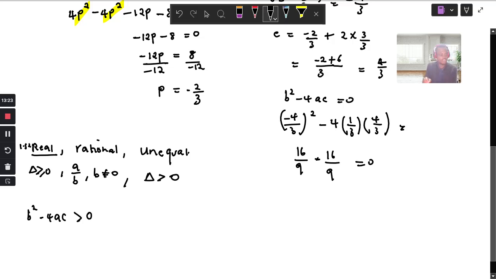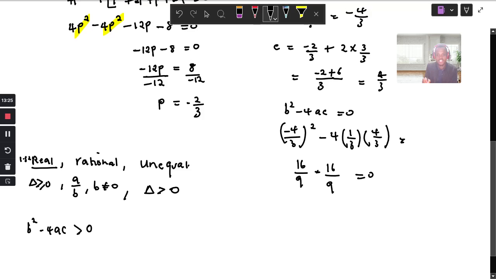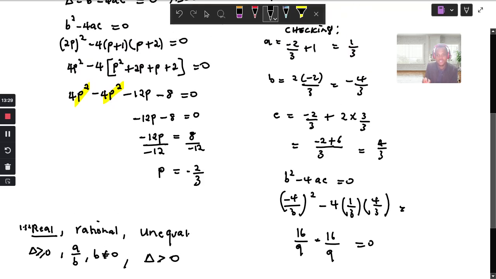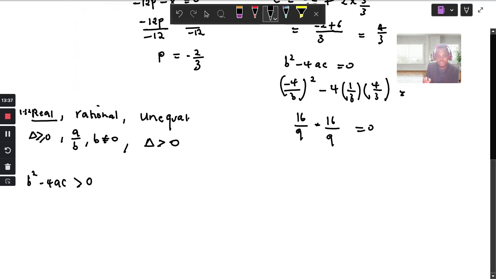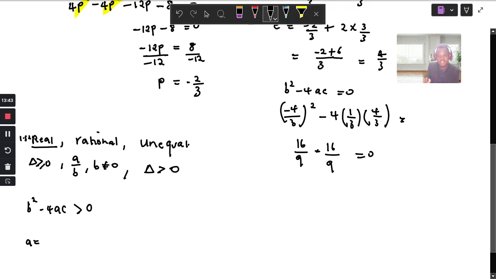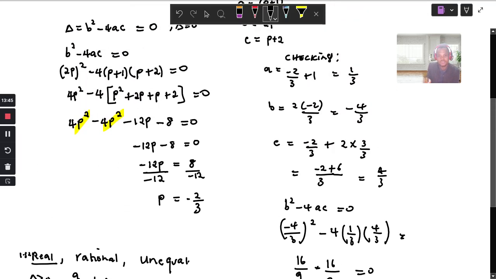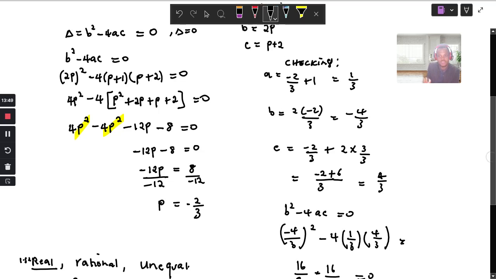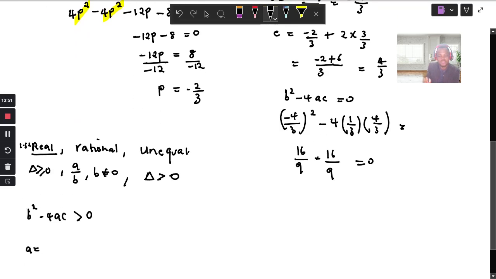So let us check for minus 1 over 3. If we plug minus 1 over 3 in instead of p, let me show you. Because our a is equivalent to p plus 1.